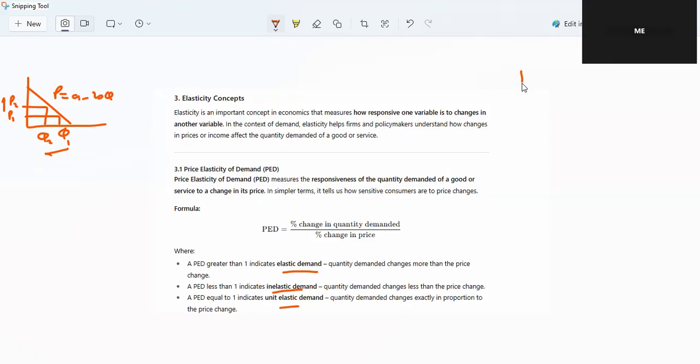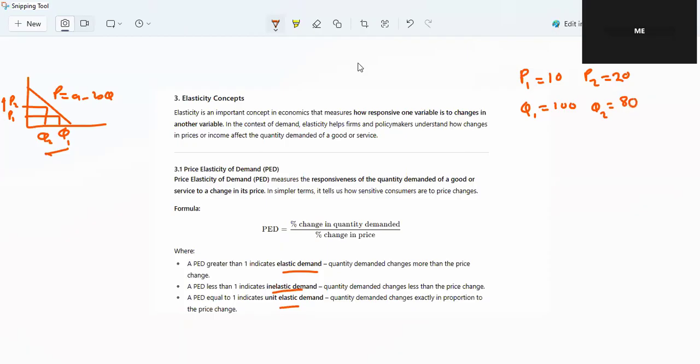Now, if the price P1 of fuel increases from 10 kwacha to P2, maybe 20 kwacha, obviously we know that quantity demanded will decrease. So Q1, maybe you're buying 100 liters, then you reduce your consumption to maybe 8 liters.